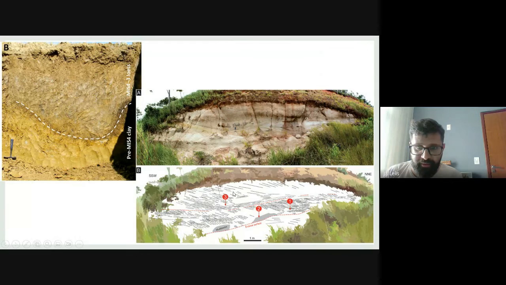Like you can see here, this wavy transition between horizons is generally related to high activity clays that induce the migration of clay from the bottom horizon, from the subsurface to the surface horizon, and produce wavy transitions. These wavy transitions help us a lot to understand that this material was formed in a condition that favored the presence of high activity clays.